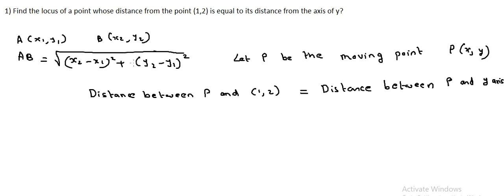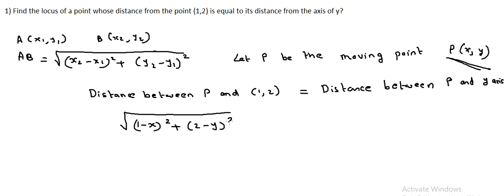So this is our distance formula. Using it, with P as the point (x, y) and the second point (1, 2), the distance between P and (1, 2) is the square root of (1 minus x) whole squared plus (2 minus y) whole squared.